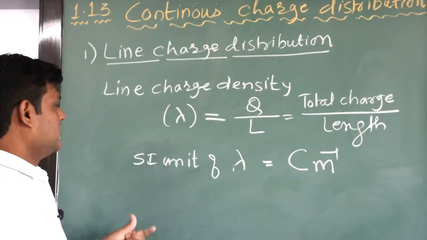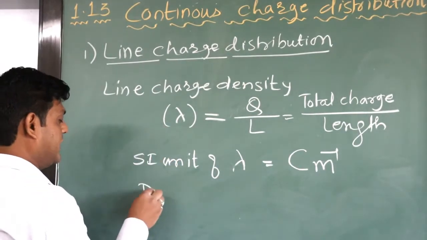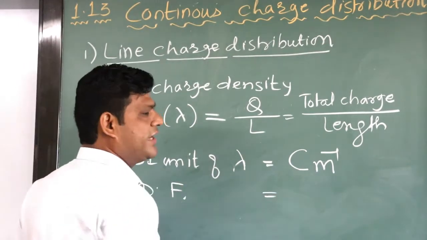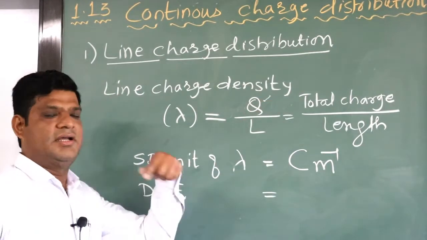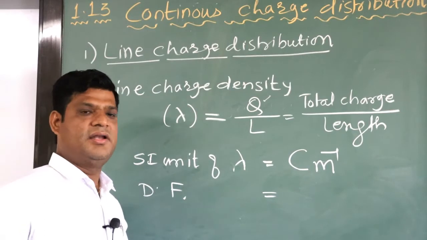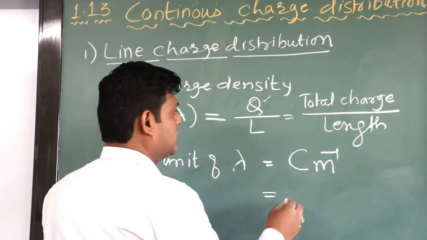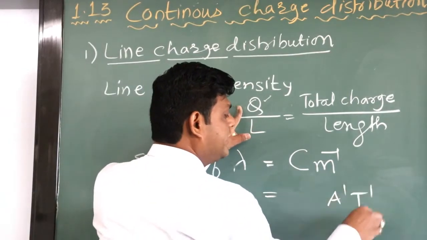Okay. Now what is the dimensional formula for this lambda? How can we calculate the dimensional formula? What is the dimensional formula for charge? As we have solved earlier in the previous video, that is A raised to 1 T raised to 1.